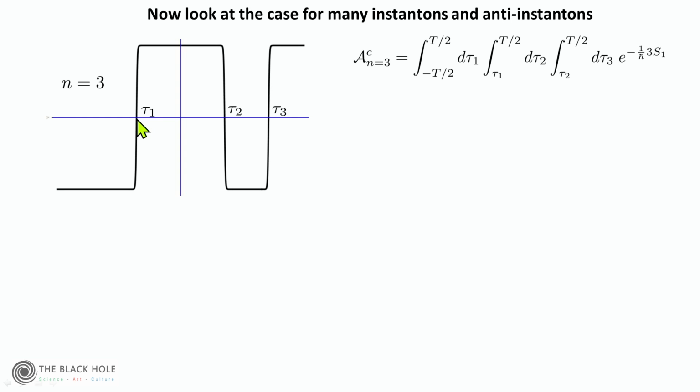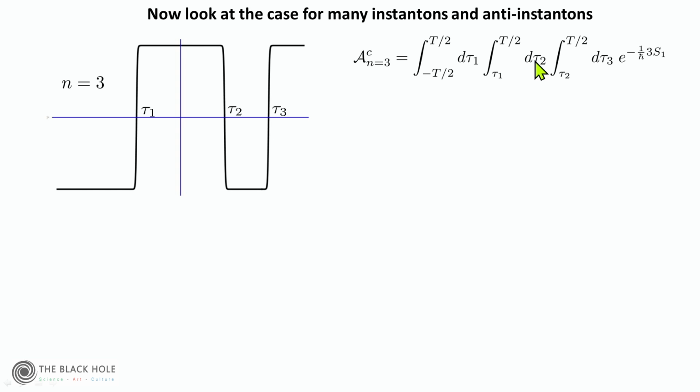If the first instanton crosses the axis at tau 1, then the second one has to do so later. The third one has to do so later as well. So if I am to do the integral over t or tau, then of course this tau 1 must go all the way from minus t over 2 to plus t over 2.